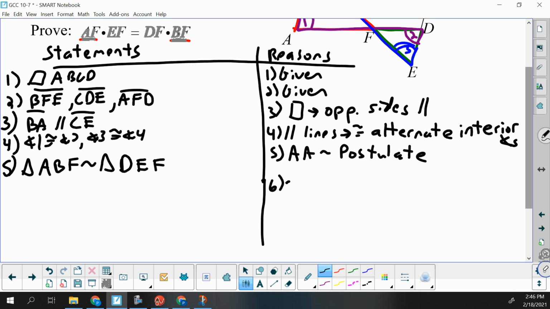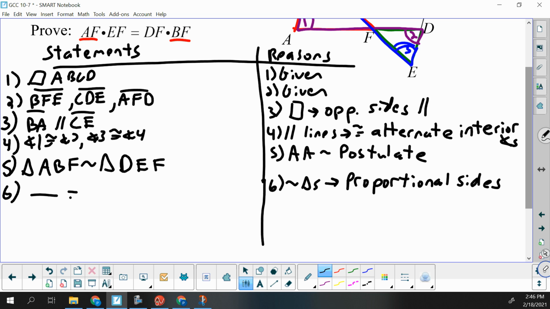Our next reason should be our similar triangles implies proportional sides. In your statement, make sure the things you want to multiply are diagonal from each other. So AF and EF I'll put diagonal, and then the others will automatically be diagonal from each other.